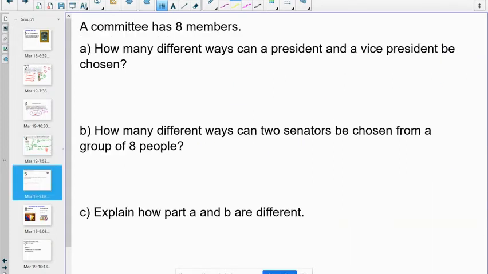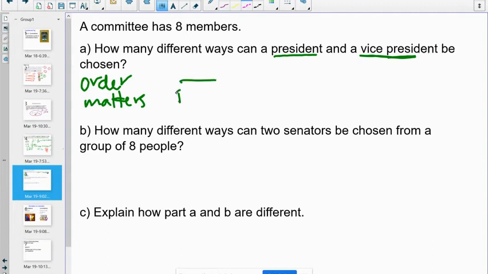So now, a committee has 8 members. How many different ways can a president be chosen and a vice president be chosen? Okay, in this case, let's think, does order matter? Well, we have 2 different roles, president and vice president, so order is going to matter. Since order does matter, we know it's a permutation.